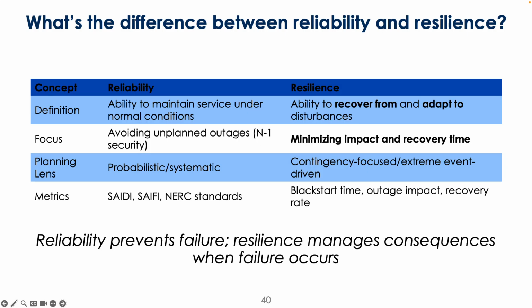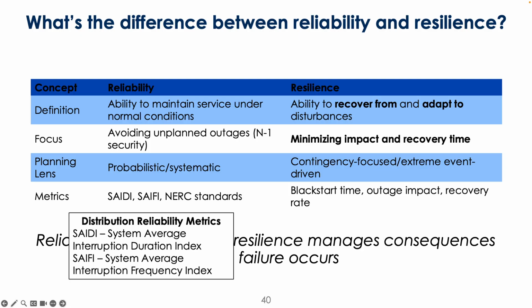And then there are a whole bunch of metrics with which we measure that. SAIDI and SAIFI, so System Average Interruption Duration Index and System Average Interruption Frequency Index. This talks about how often am I getting certain types of interruptions in service, and how often am I getting interruptions and deviations in my frequency?